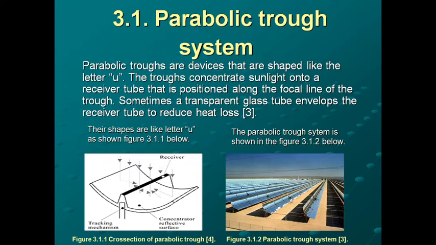Parabolic trough is a device that is shaped like a letter U. The trough concentrates sunlight onto a receiver tube that is positioned along the focal line of the trough. Sometimes a transparent glass tube envelops the receiver tube to reduce heat loss, which we can see in the center of the trough.